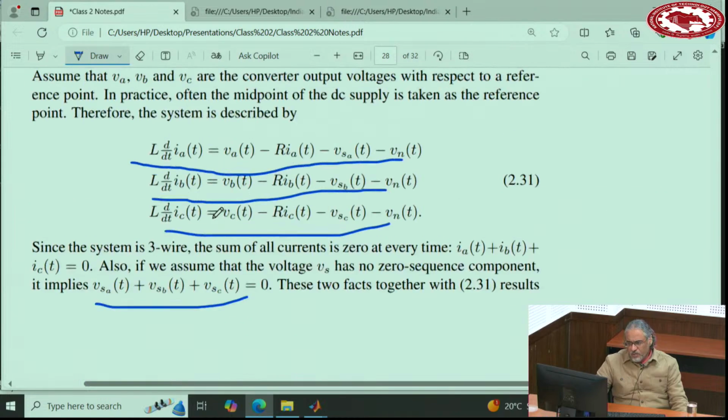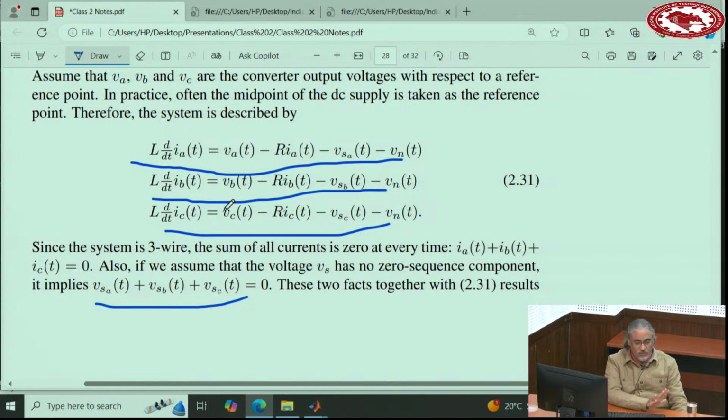So now if you add all these three equations together, IA plus IB plus IC is 0, VSA plus VSB plus VSC is 0, and VA, VB, VC are the voltages that you generate by the converter using the modulation. Assume that you generate them properly such that VA plus VB plus VC is 0.